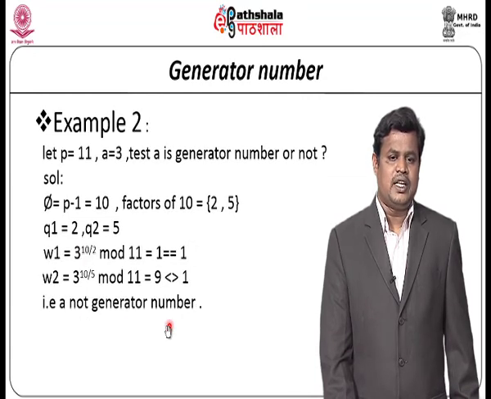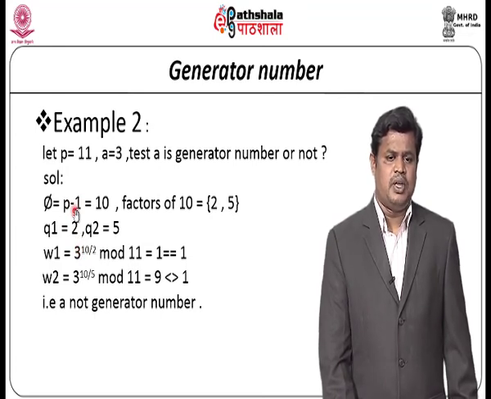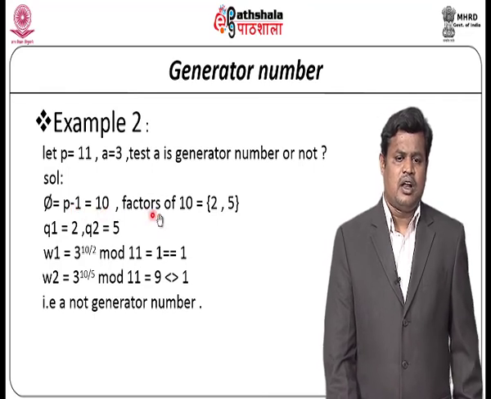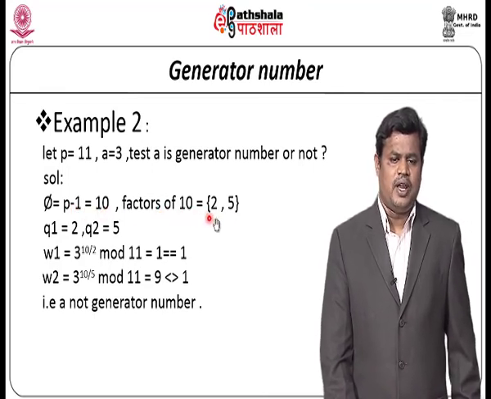Similarly, let us take the case where a is equal to 3. I want to test whether a is equal to 3 is a generator number or not. So now I am doing the same series of tests. First I will find phi of p, that is p minus 1, which is equal to 10, and the factors, as we already know, are 2 comma 5.